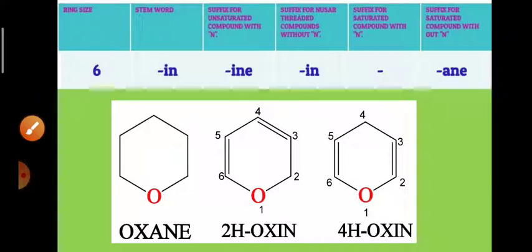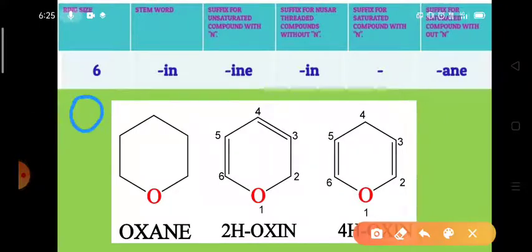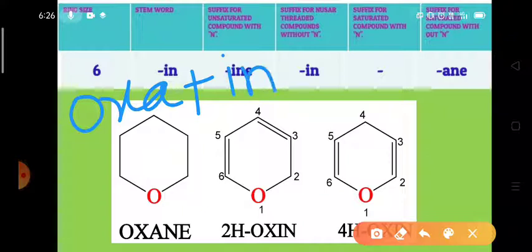And here the 6-membered compounds with oxygen heteroatom are present. So as the heteroatom is oxygen, we would use the prefix oxa. Okay. And for the 6-membered ring, in is the stem word.